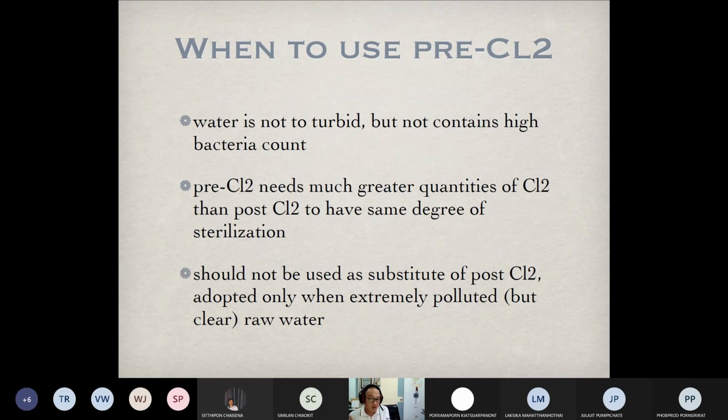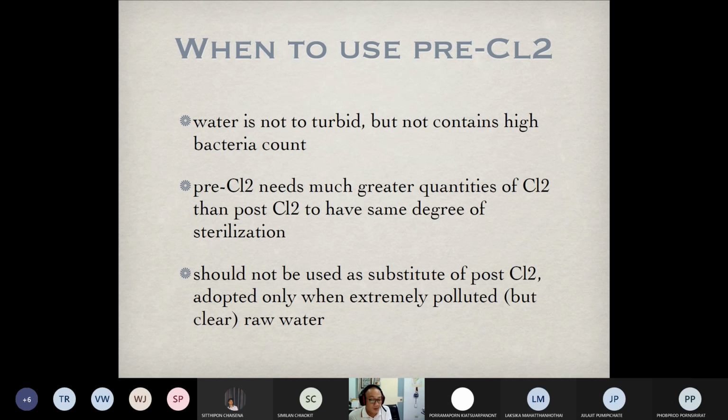We have to keep this unit because we want chlorine left over in the water until it reaches the consumer's house or the point of use. If we apply it at the very beginning, there will not be anything left because the water still has to pass several unit operations and unit processes.